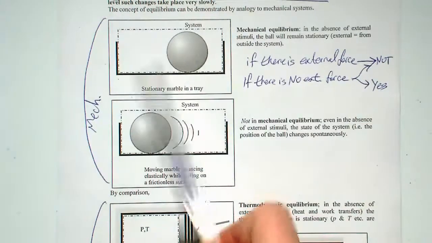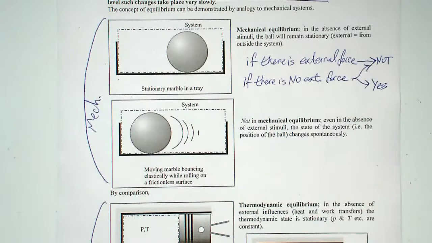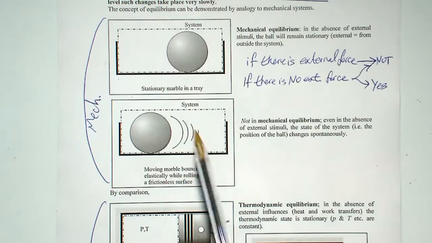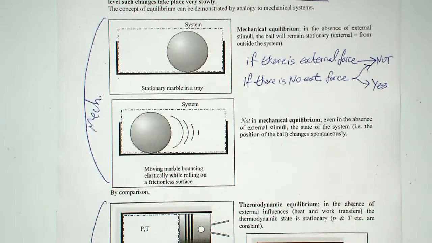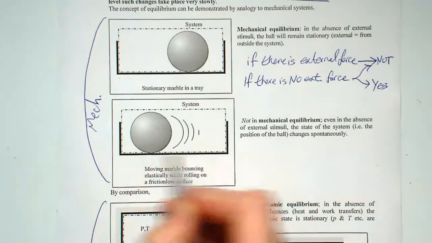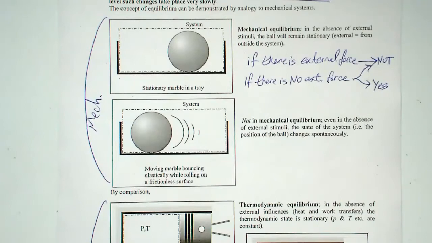In the first case, there are no external and no internal forces, and therefore you have mechanical equilibrium. In this case, despite not having any external force or stimulation, it's not an equilibrium because, for example, maybe the walls are flexible, bouncing walls, and maybe the floor is frictionless as well.